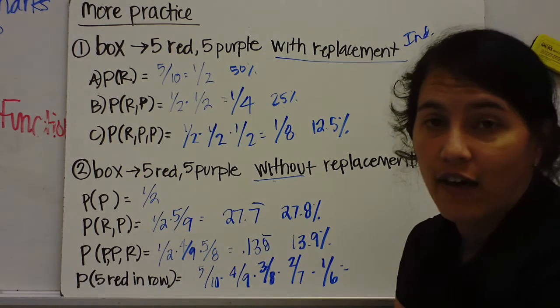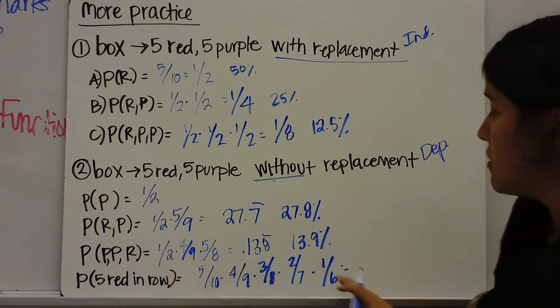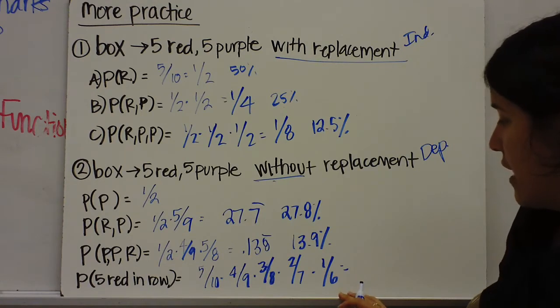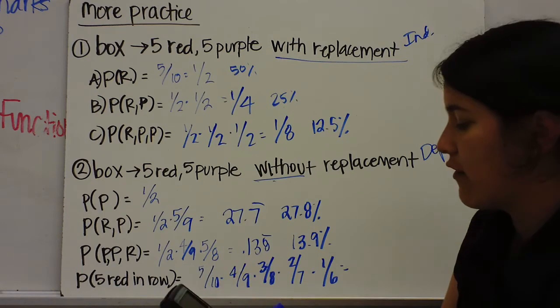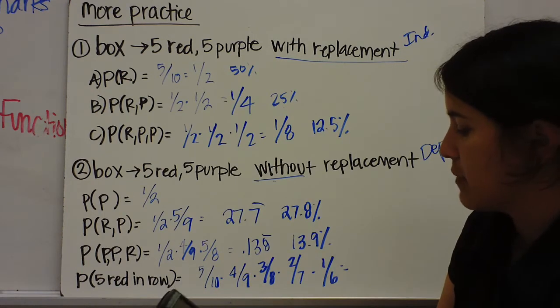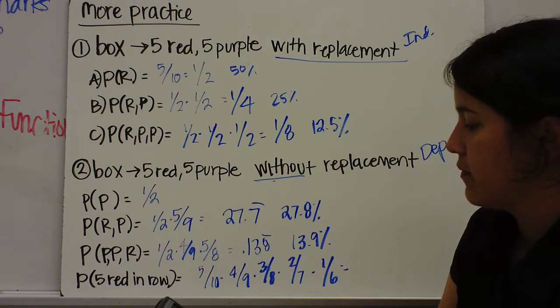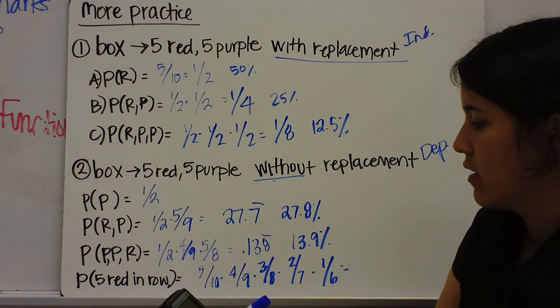And to figure that out, 5 red in a row, you would multiply all of those out, so half times 4/9 times 3/8 times 2/7 and times 1/6.